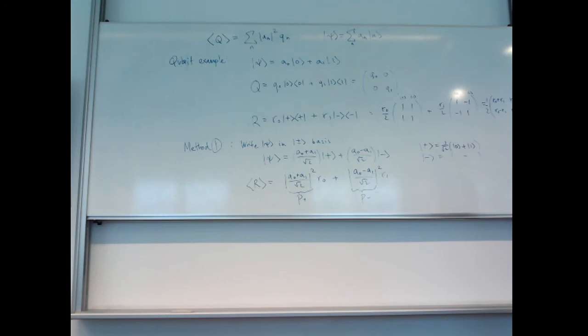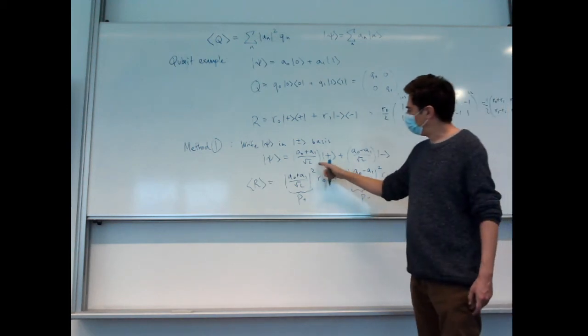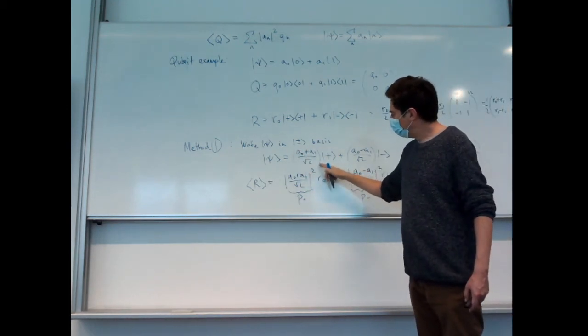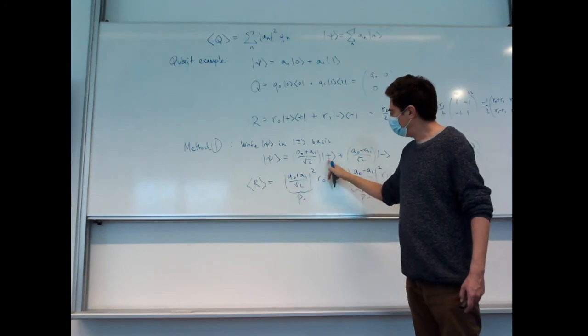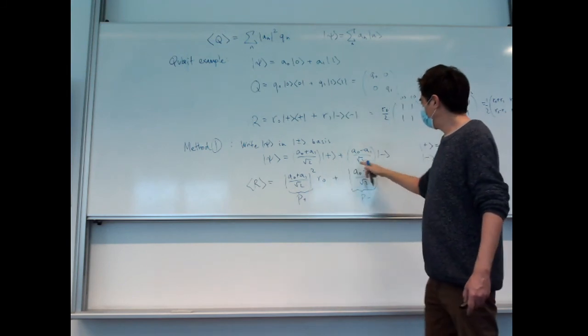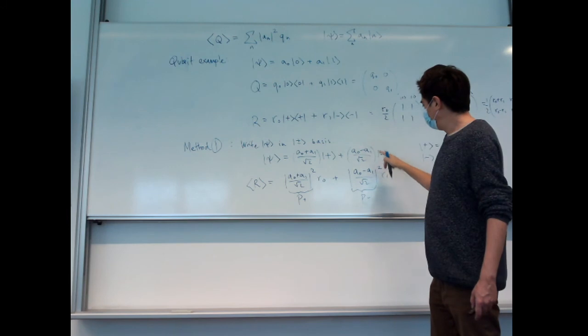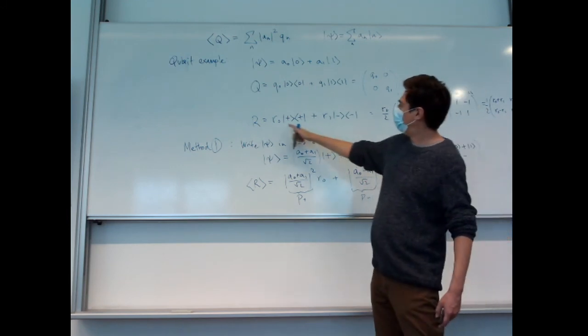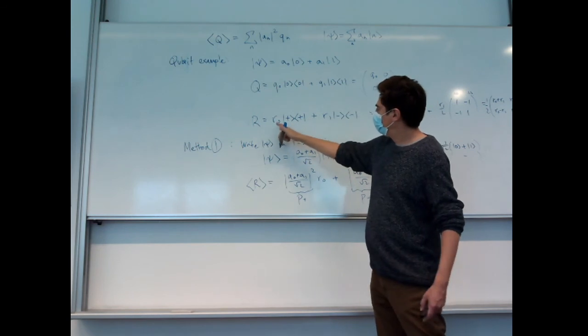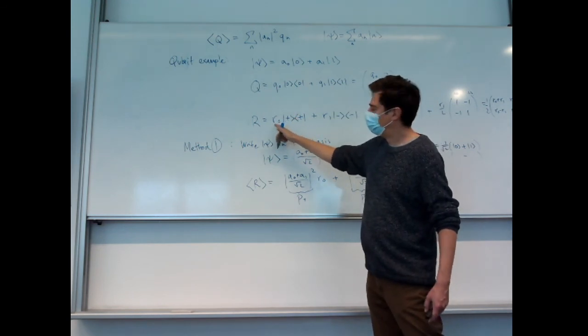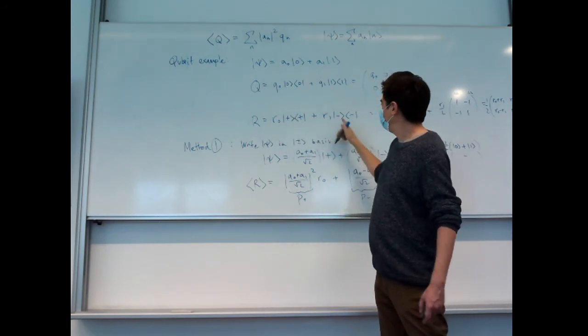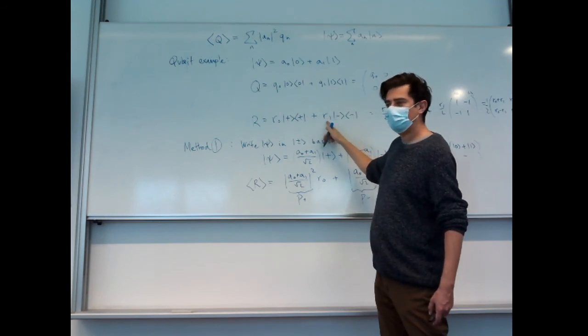And basically that's our answer. Okay. Because the modulus squared of that gives the probability of getting that state, and the modulus squared of that one is the probability of getting that state. And our R is defined so that if you get plus, our value is R0, and if you get the minus state, our value is R1.